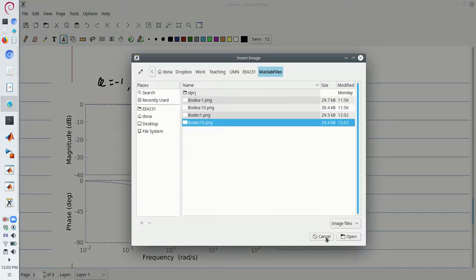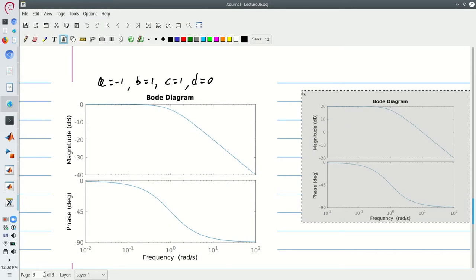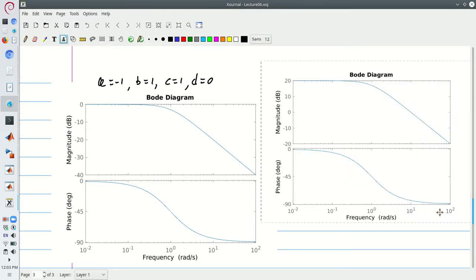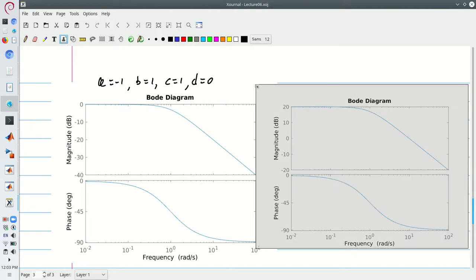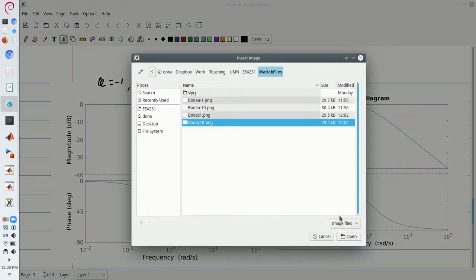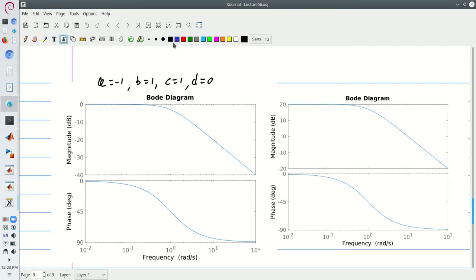And this is the one that we obtained by making C 10 times bigger. So in this case, we have that A is equal to -1, we kept it the same, B is equal to 1, C is equal to 10, and D is equal to 0.